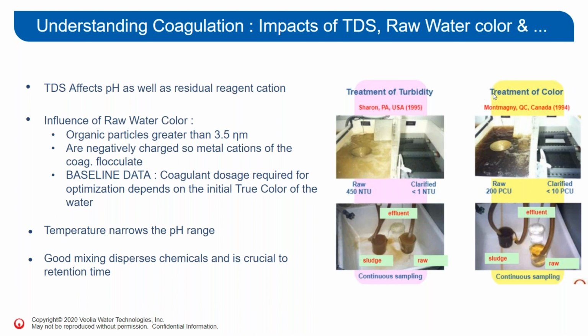Conversely, color is a much smaller particle, harder to settle, but the negative charge of the organic particles that make up the color, or tannins or what have you, are easily prone to coagulation, and it's a nice clear water that you can end up with, and a very apparent darker sludge.